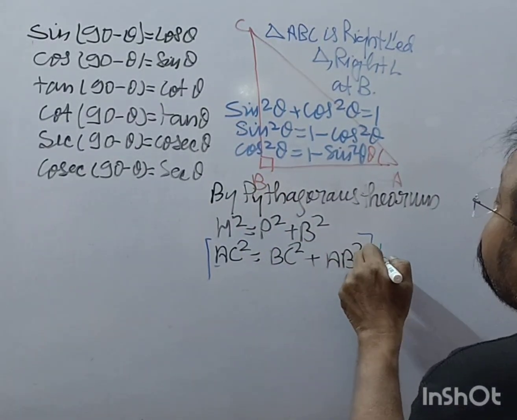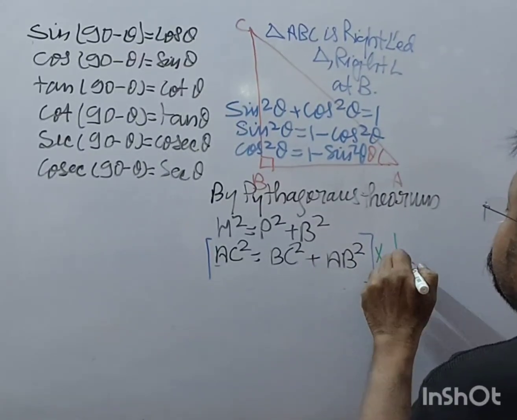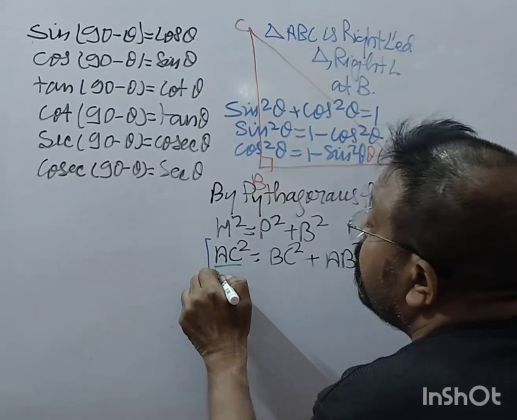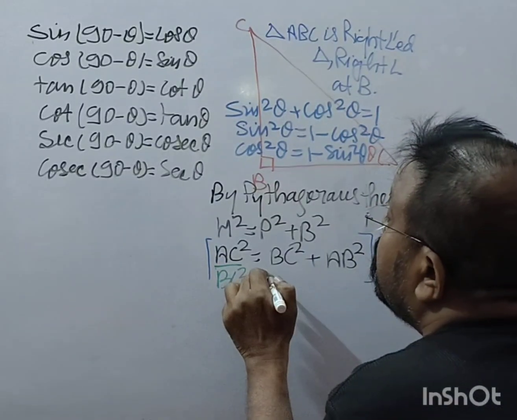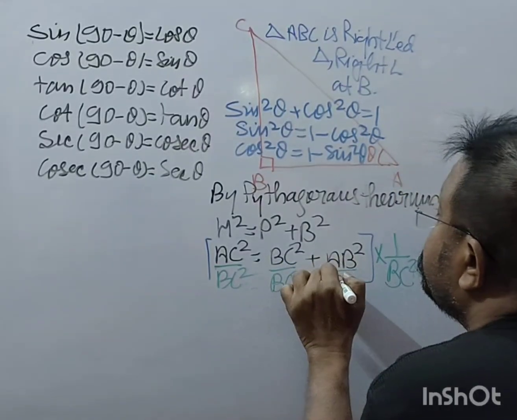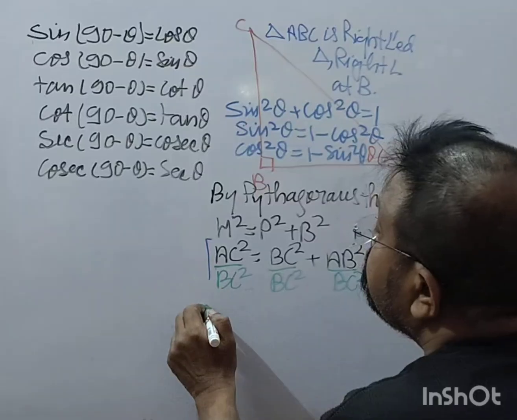Now we multiply both sides by BC square. If I write here BC square upon BC square, what happens?